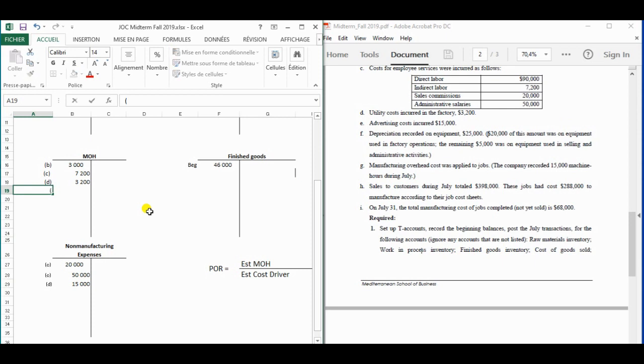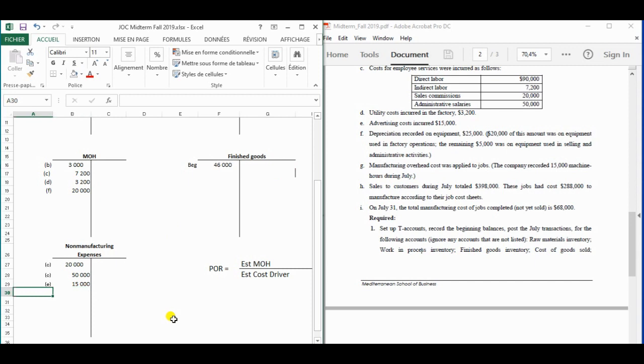So transaction F, MOH, depreciation on factory equipment for $20,000, and the $5,000 for the depreciation of equipment used in selling and administrative activities.